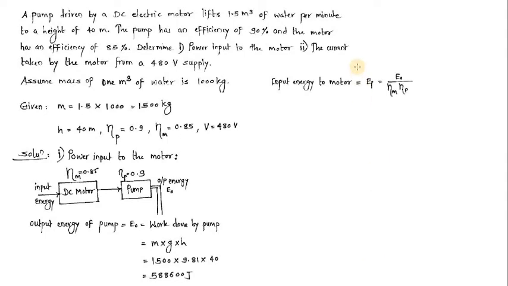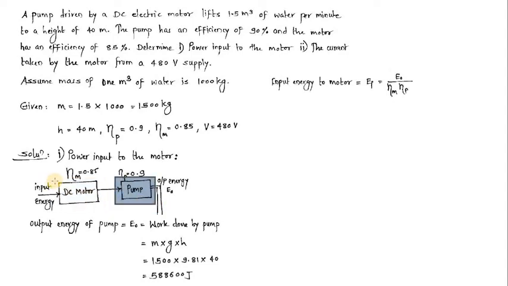Input energy to motor is equal to output energy divided by efficiency involved in the process. Now see, there are two equipment involved in the process. One is the pump and the other is the DC motor.